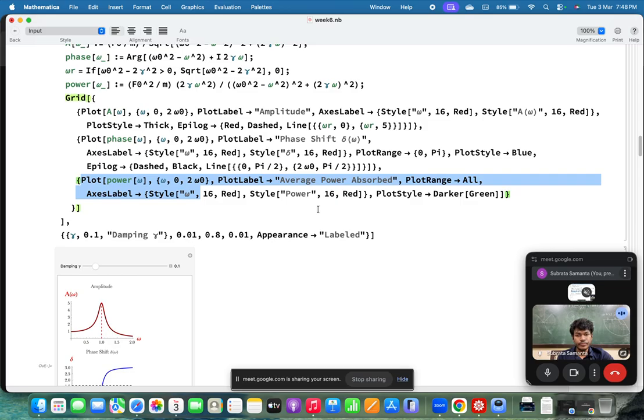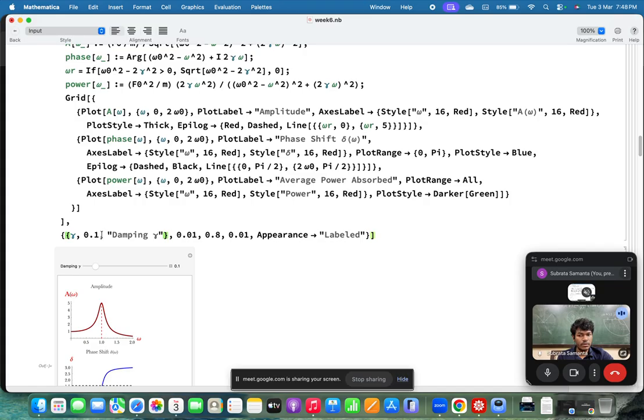Gamma varies from 0.01 to 0.8 in steps of 0.01, and these are my initial values. They start at 0.1, and now you have to vary it. So gamma comma 0.1 means it calculates at 0.1 and shows you the results.